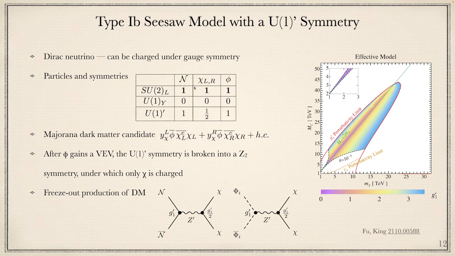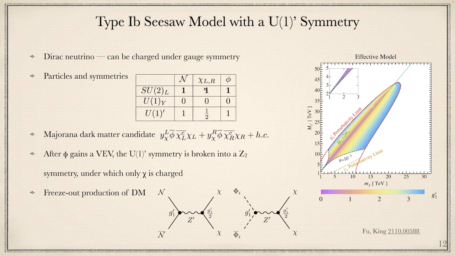Then we can extend the model with a dark fermion chi and a scalar phi, which gets a VEV that breaks the U(1) prime symmetry.